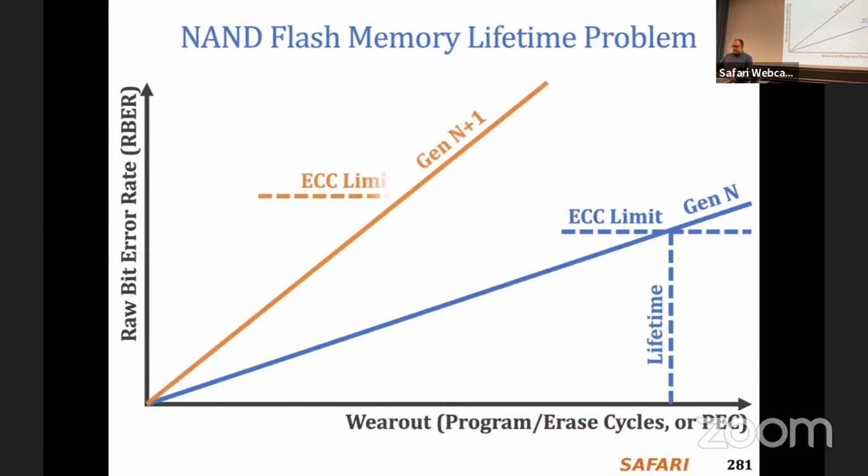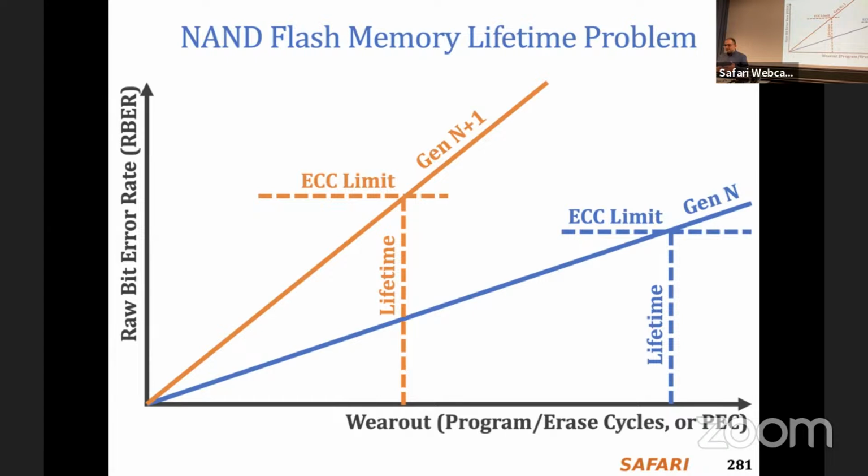But that's a fundamental issue that we always have. When you go from generation N to generation N+1, you need to apply a higher, more powerful ECC. So your ECC limit is higher, such that you can get higher lifetime. But in the end, your lifetime is also decreased. So in order to get the same lifetime, you really need quite powerful ECC. That's the fundamental scaling issue that we have.